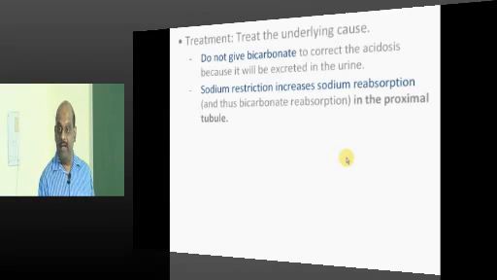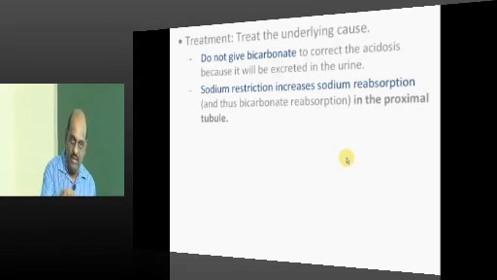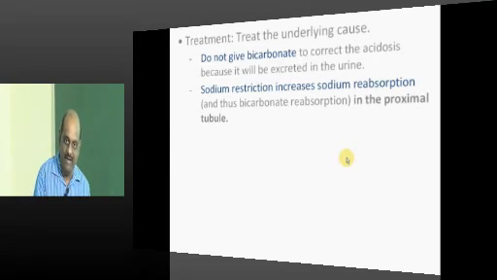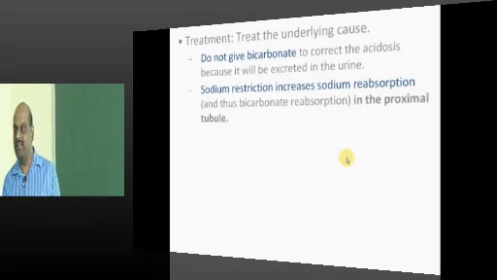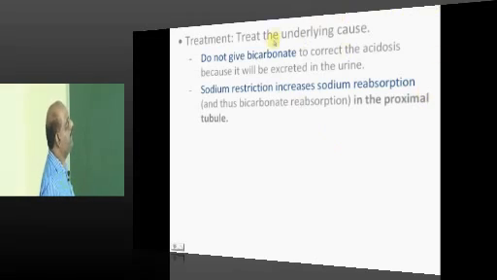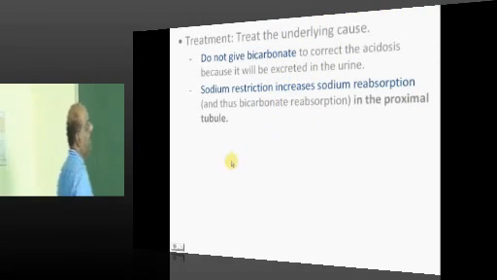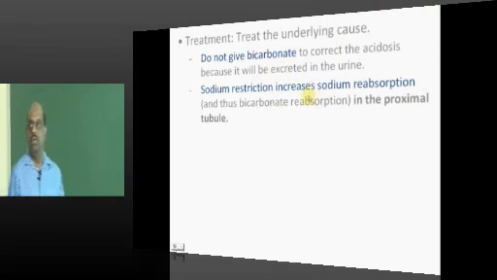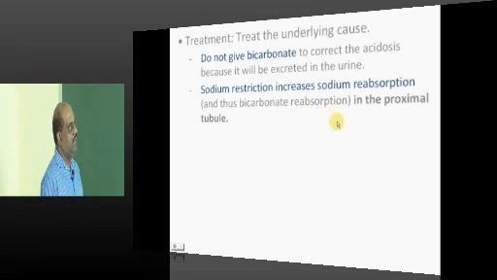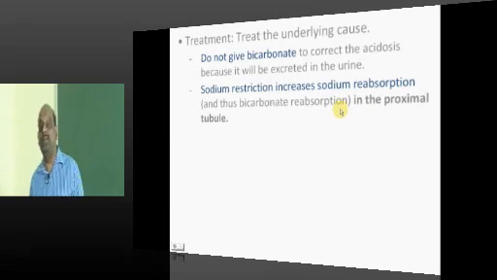Too much bicarbonate in the distal tubule will overcome the buffering effect of the secreted H plus, then they may develop stones, right? So that is the reason, don't give bicarbonate, and you need to give sodium restriction, and if you do sodium restriction, how will things improve?